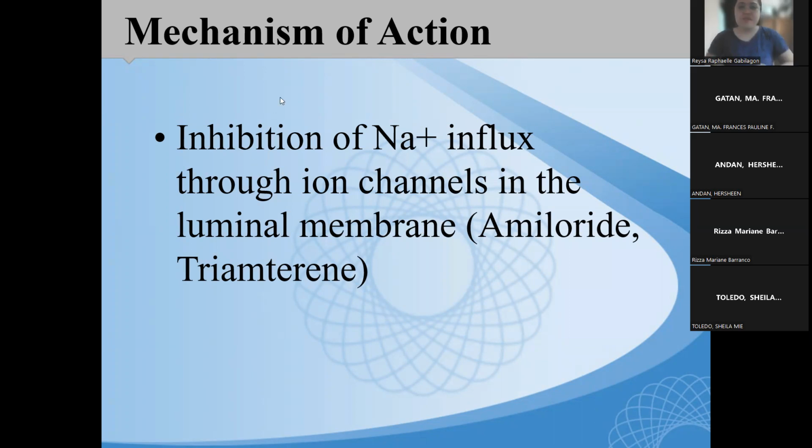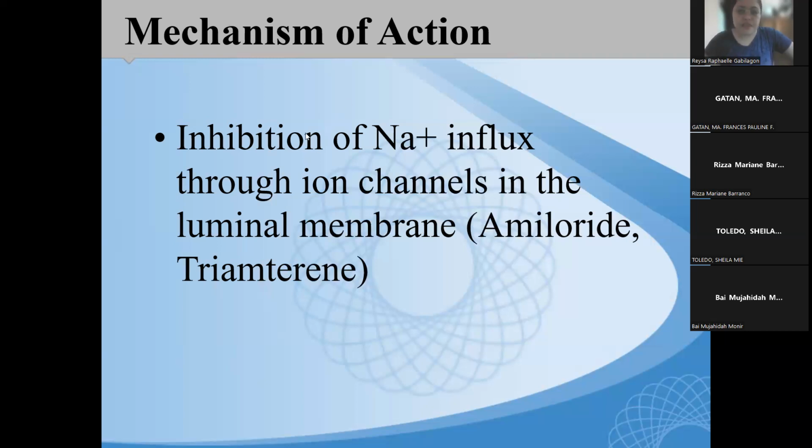Okay? Let's move on. So the other two, for our potassium-sparing diuretics, we have the amiloride and triamterene. Ito talaga yung nag-i-inhibit ng sodium chloride reabsorption in the collecting duct or in the collecting tubule. So 'di ba, sabi ko kanina, our potassium-sparing diuretics act on the collecting duct.